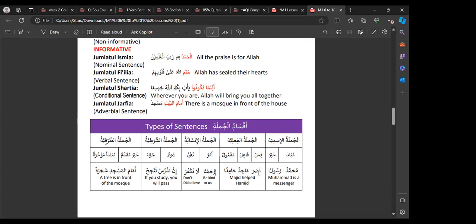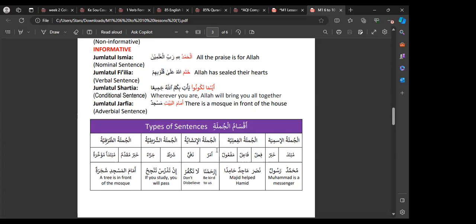So the example, Nasara Majidun Hamidan. Majid helped Hamid. This is a simple Jumlatul Fi'liyah. And this is mainly what you need to focus on right now, these two types. The other ones we will go into later on in more detail as we get nearer the end.